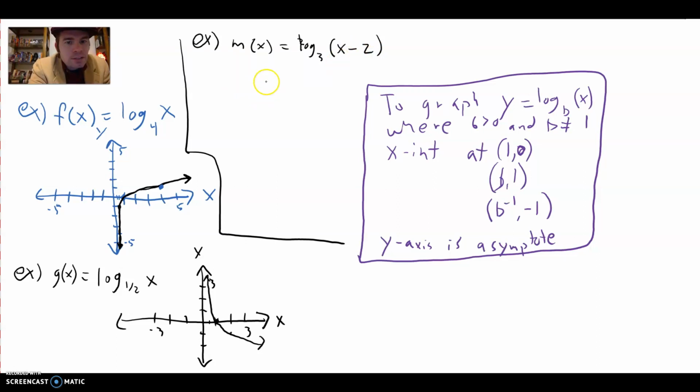So m of x is going to get shifted to the right 2. What that means is I'm going to need a little bit more room to the right than I do to the left. Let's label that scale the same.